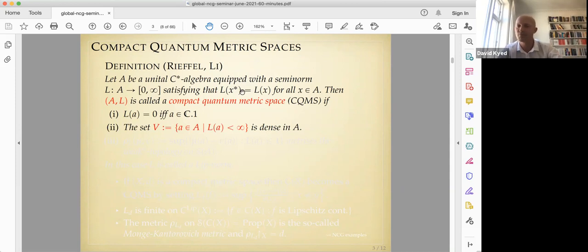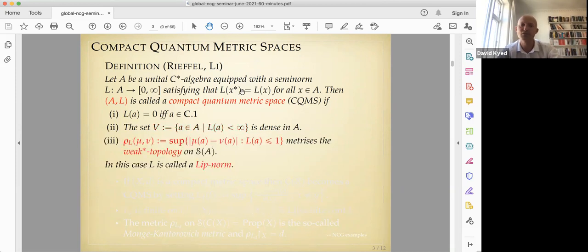And then the most important requirement, which was Rieffel's main insight, is that you want this quantity, this rho L quantity, which as its input takes two states, and as its output gives you the sup over the differences that you get from the two states when you let the input value run not over the norm unit ball, but over the semi-norm unit ball.